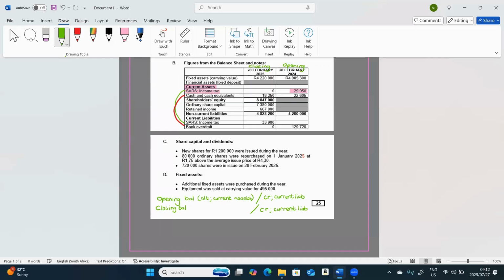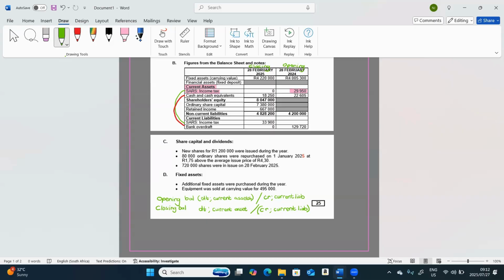And then when it's a debit balance, or obviously a current asset, it will be a positive amount.